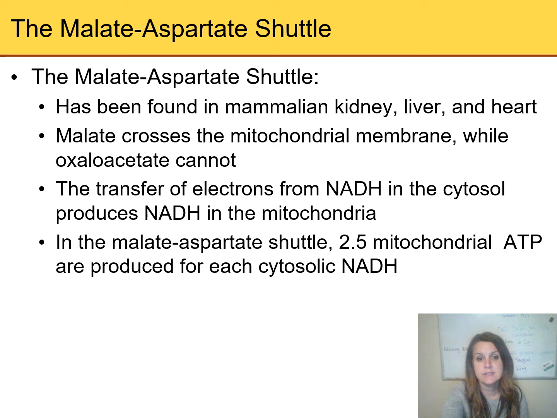And the deal is that the transfer of electrons from NADH in the cytosol is able to produce NADH in the mitochondria via this shuttle. And the nice part is that this shuttle allows for production of 2.5 ATP molecules for each cytosolic molecule of NADH.